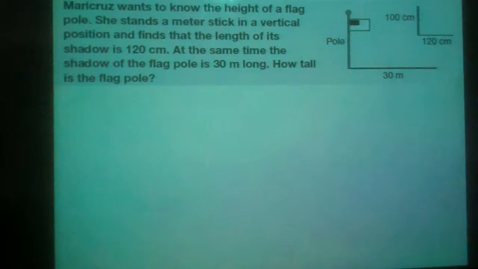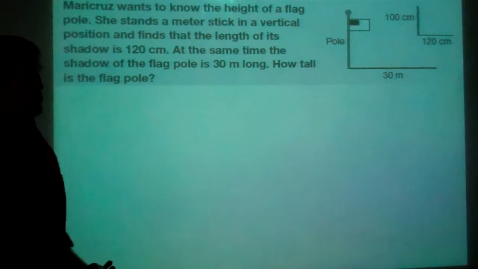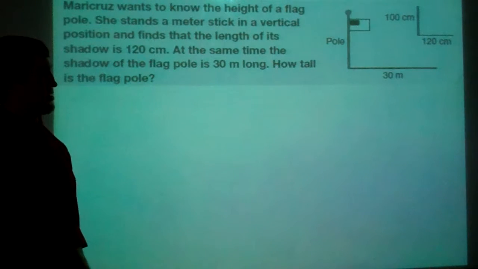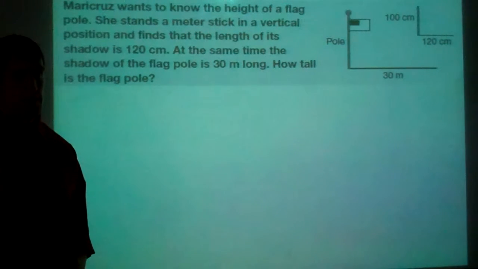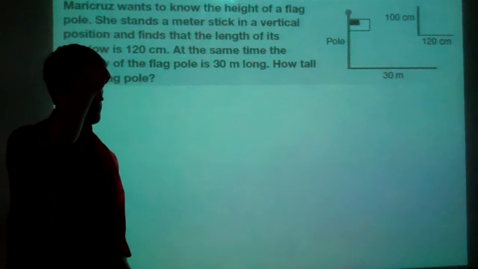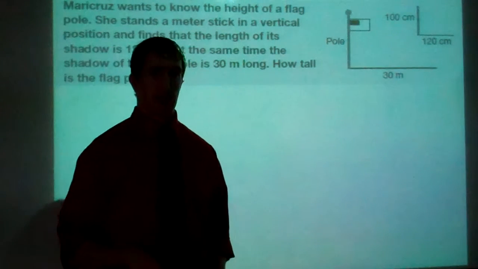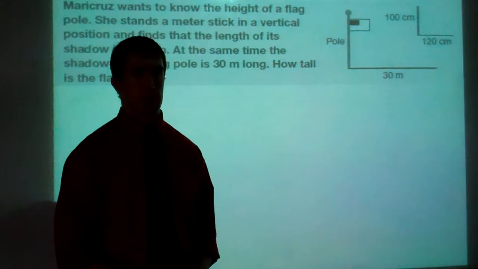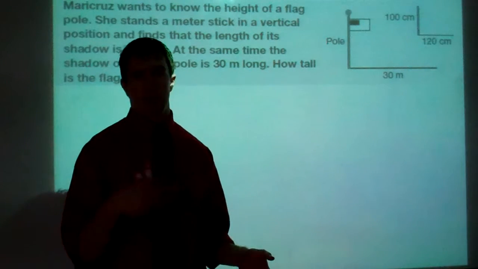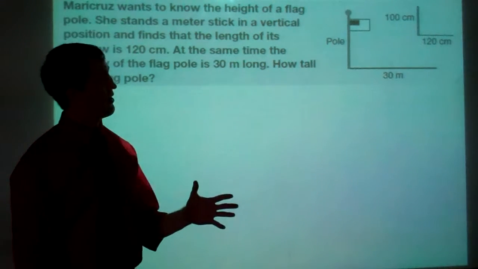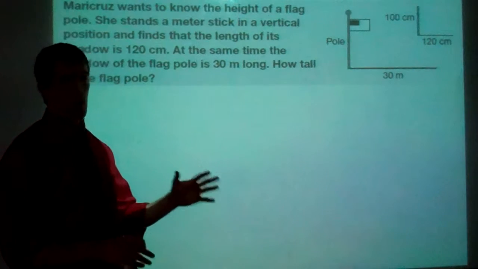So this is an example, and this can actually be done, where you use shadows to help you figure out the height of something else. And the reason we can do this is because it involves similar triangles. The angle of the sun comes down at the same angle for anything that's shown at that time.